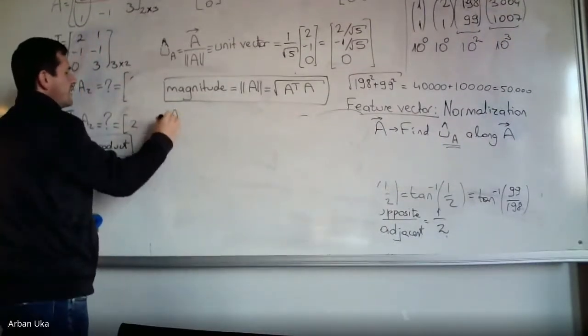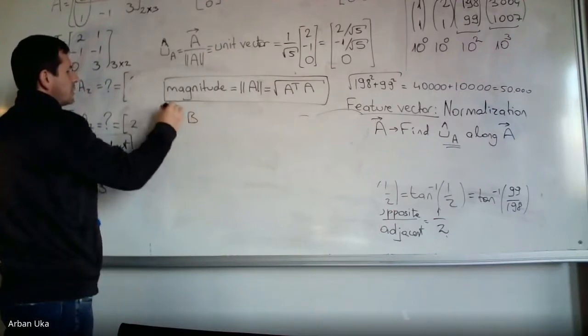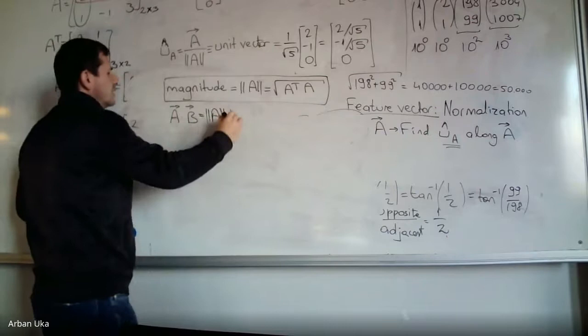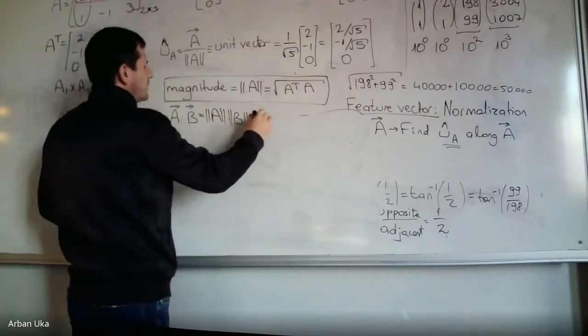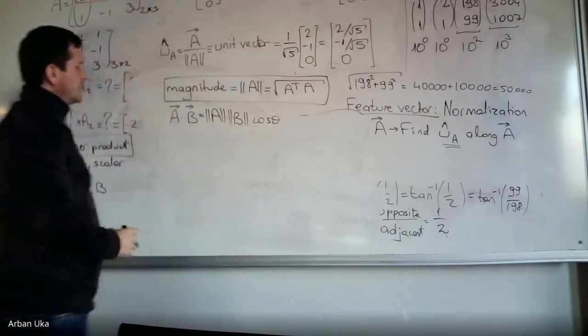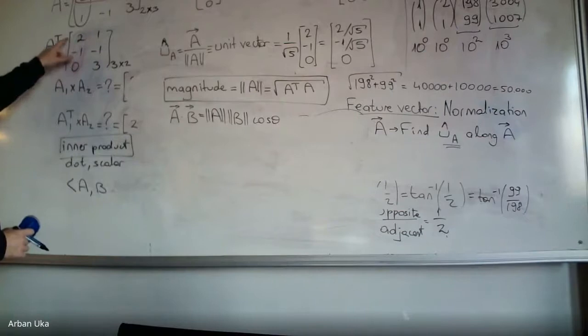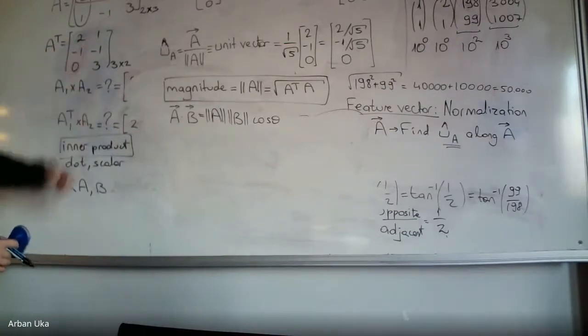We can also define the following. The dot product between A and B can be defined as the magnitude of A times the magnitude of B times cosine theta. Now let's assume that A is the first column, B is the second column.